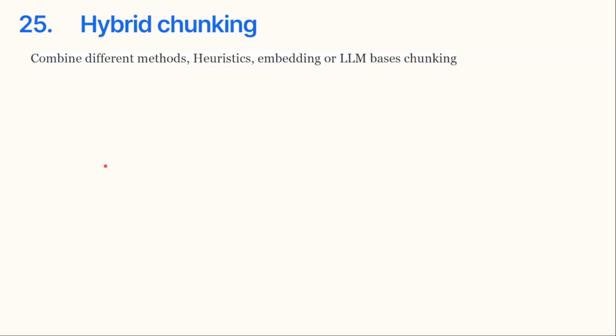Now, as we have covered almost all chunking strategies, I hope you understand the different chunking strategies you can use. But as I mentioned initially, it is not the case that only one chunking method works well. And this is a bonus: hybrid chunking. You can combine different chunking methods, embedding or LLM-based chunking.